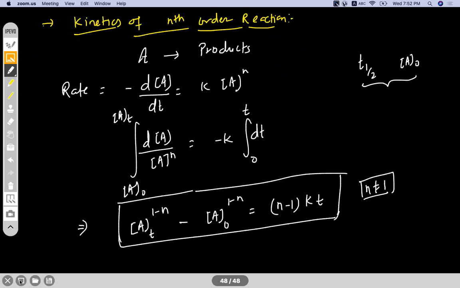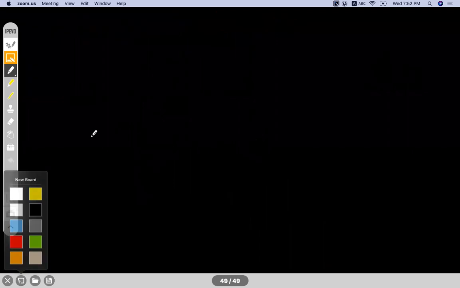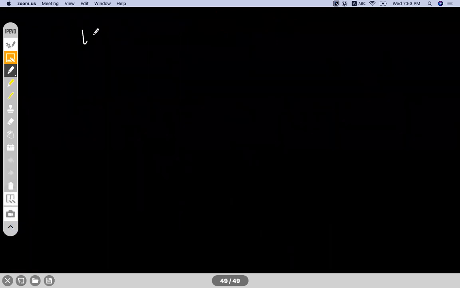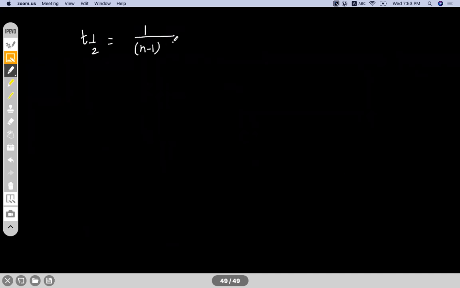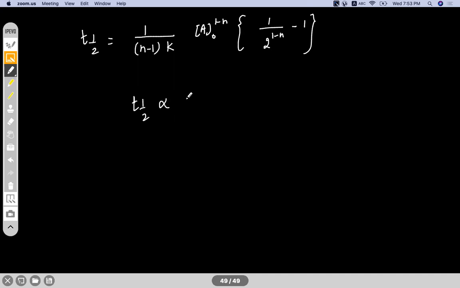Okay, the expression of t half you get here. T half is equal to 1 by n minus 1 into k, the rate constant, A naught to the power 1 minus n, open bracket, 1 by 2 to the power 1 minus n minus 1. This is the expression you get. And t half is directly proportional to A naught to the power 1 minus n.